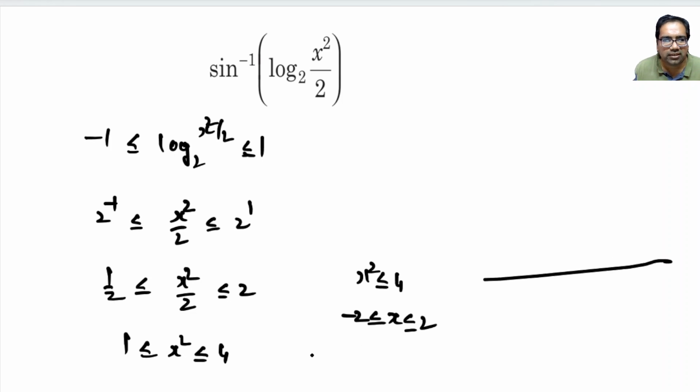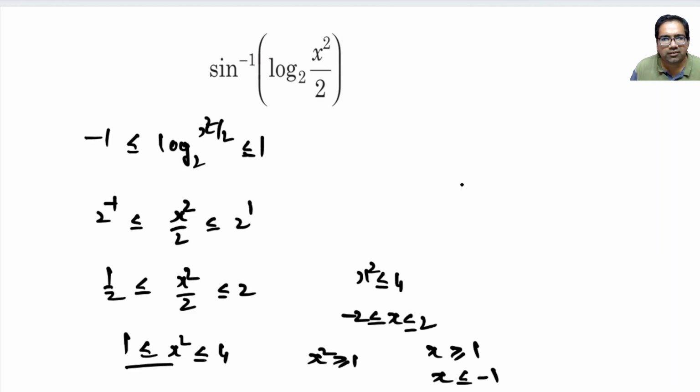Right. Similarly, x square should be greater than or equal to 1. This part. What does that mean? x should be greater than or equal to 1, or x should be less than or equal to minus 1. So basically, if we draw the number line, we are getting minus 2, minus 1, plus 1, plus 2.